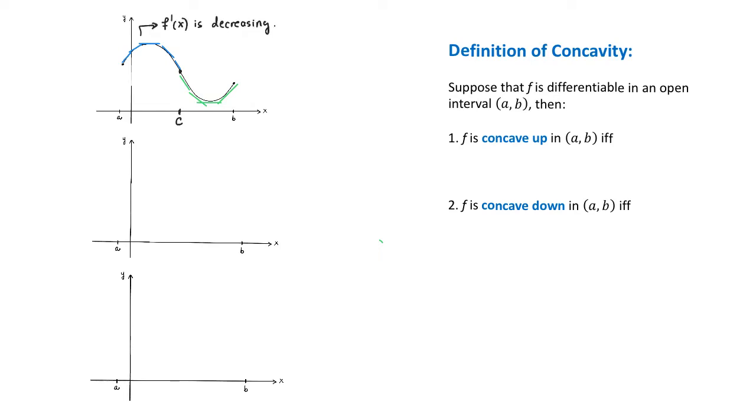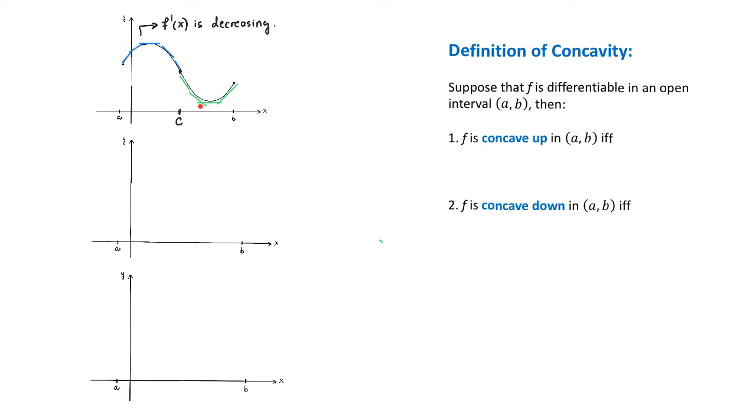Now, on the other part, from C to B, still going from left to right, if you look at the tangent lines, the slopes are negative, but then they are actually increasing, because this line over here is steeper than this one, and this one is steeper than this one.